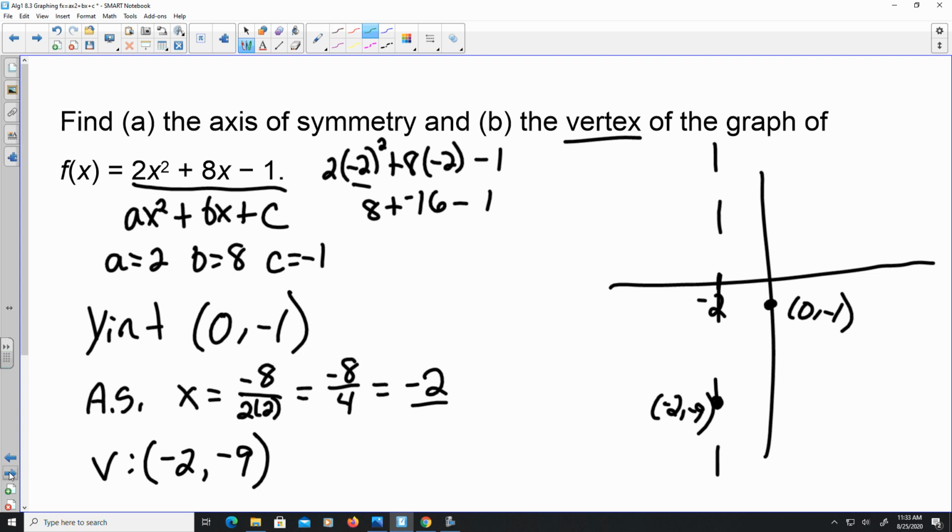If you look, I have my vertex at negative 2 comma negative 9. My y-intercept is way up here, which leads me to believe that it is going to be a right side up U-shaped parabola. And the only way that works out is if a is positive, which it is. So it does work out in this scenario.